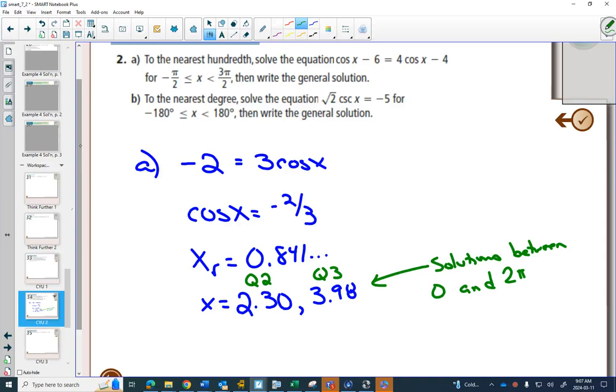The domain is from negative pi over 2 to 3 pi over 2. When I get a domain like that, I still think about my unit circle and I think about standard angles. They always start at 0. So if I'm going to 3 pi over 2, that means I'm thinking of positive angles in quadrants 1, 2, and 3.